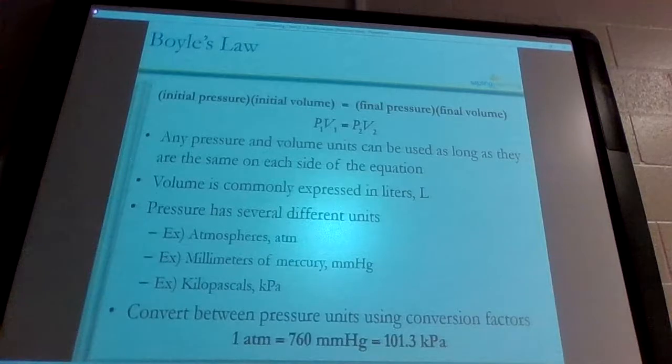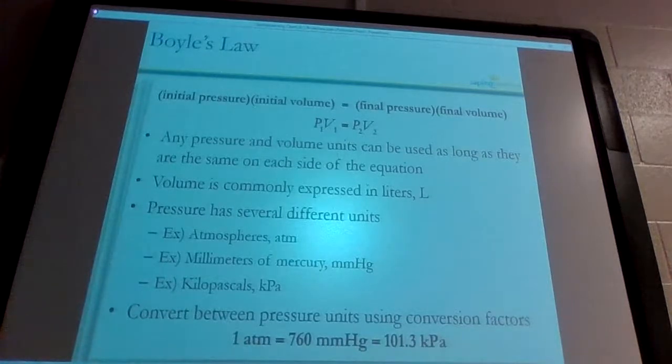What you want to do with this, remember mole ratios with B over A. I put the thing on bottom that I want to get rid of, and I put the thing on top that I want to get into. You're going to make the same thing with these just to convert.